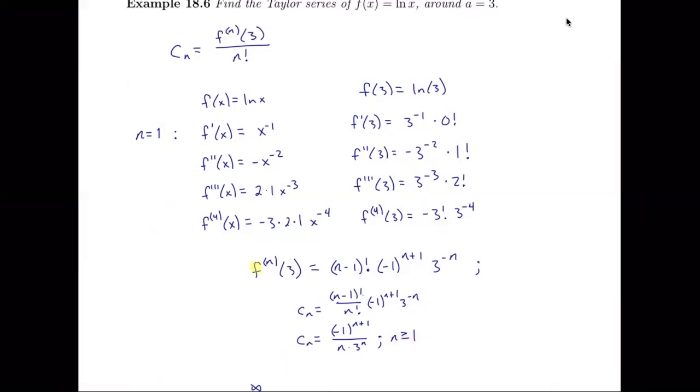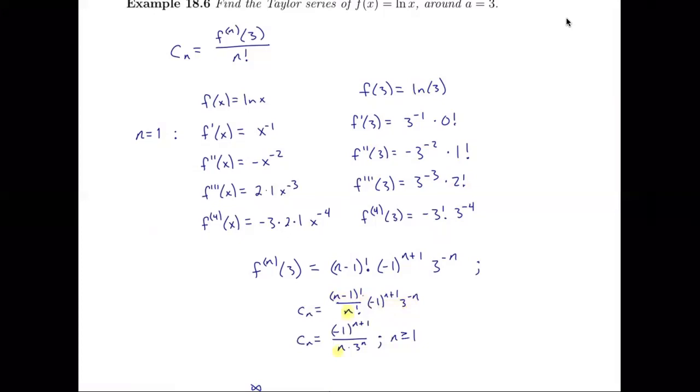So if this is our nth derivative of f at 3 with a general formula here, then our coefficient c sub n is this thing divided by n factorial. So now we've got our f sub n at 3, and then divided by n factorial is underneath n minus 1 factorial. So we can simplify n minus 1 factorial over n factorial, and that cancels to just an n in the denominator.